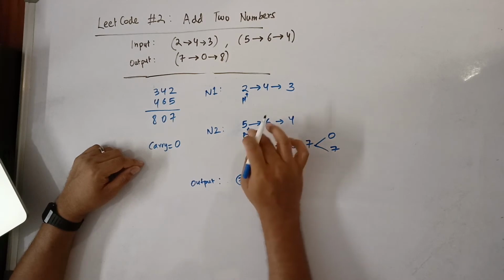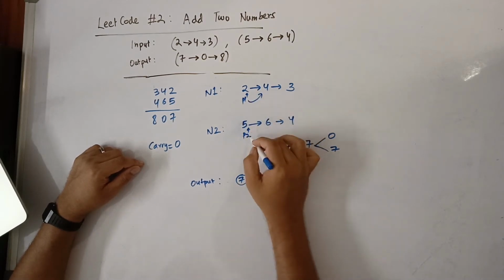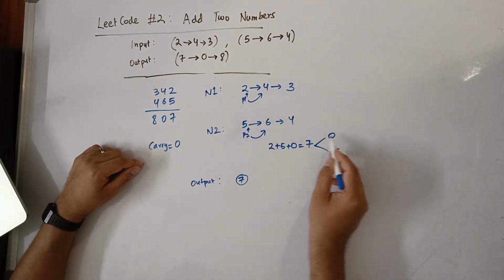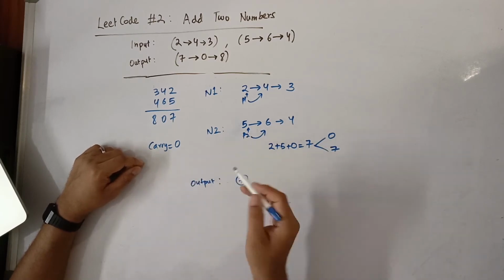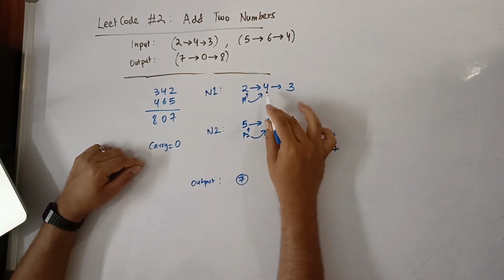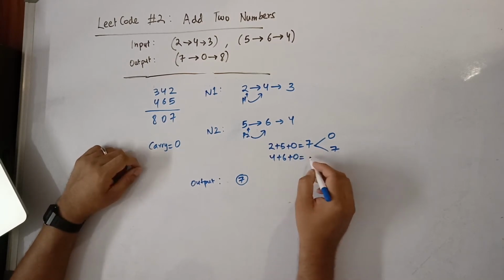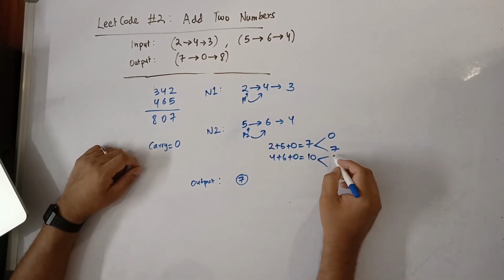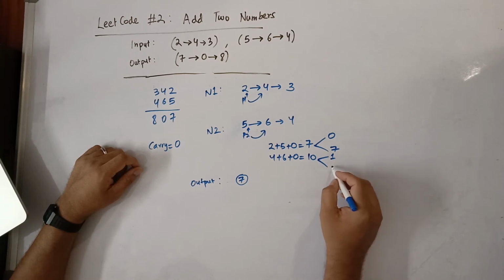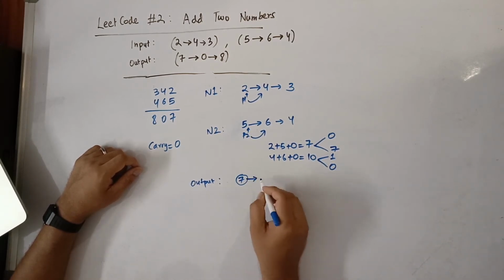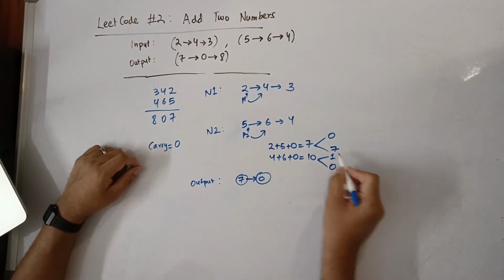Then we advance these pointers, so they start pointing here, and our carry is stored back, which is 0. Now we do 4 plus 6 plus this carry 0. We get 10. This results in a carry of 1 and a remainder of 0, and hence 0 becomes our next value, and 1 goes into carry.